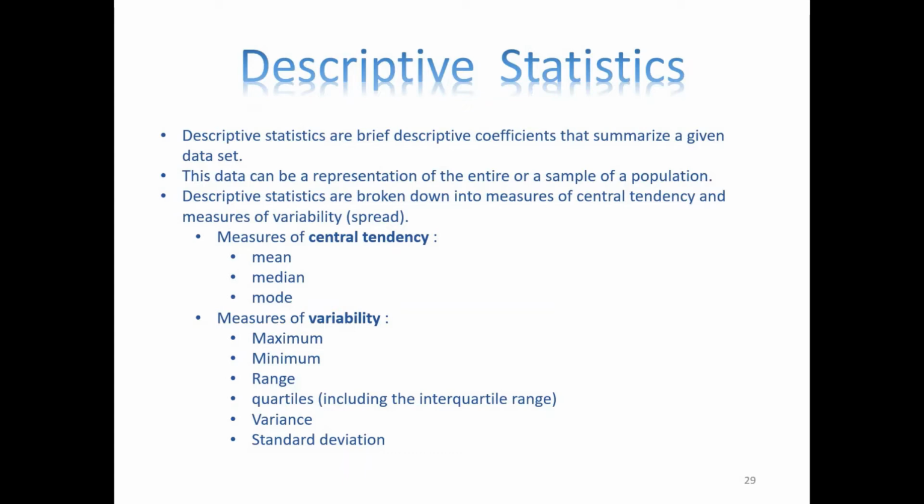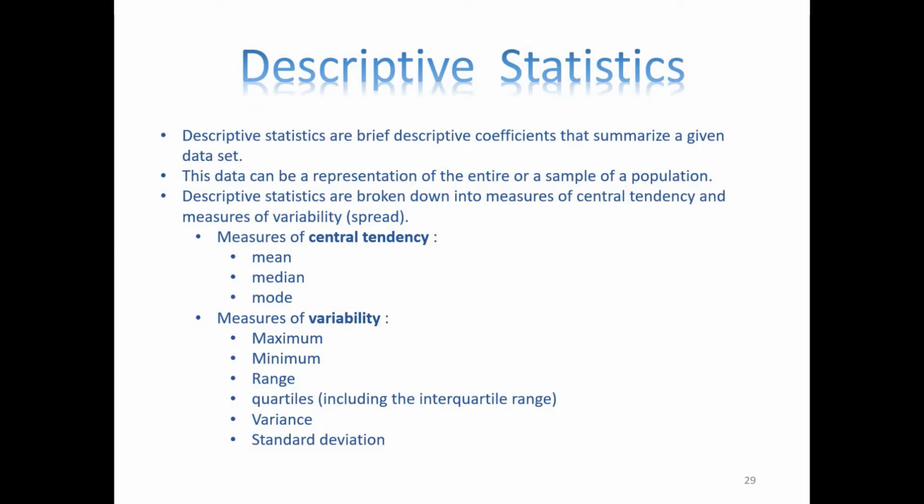Measures of central tendency are basically the values which tell us where the center of our data set lies, while the measures of variability tell us how different the values of the data set are from each other, right? How far away, how spread out they are. All these details are given by the measures of variability.